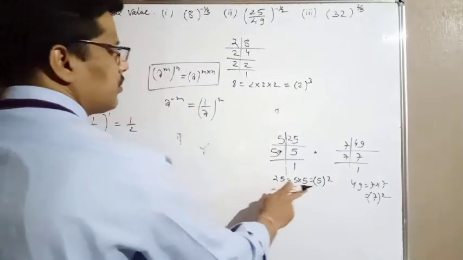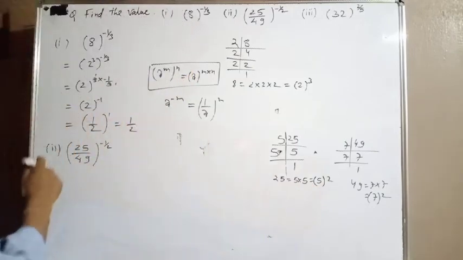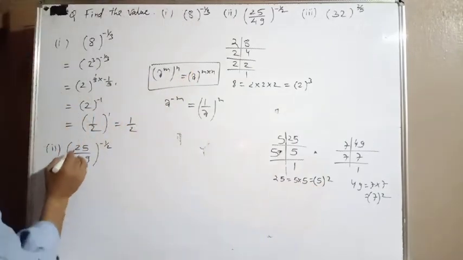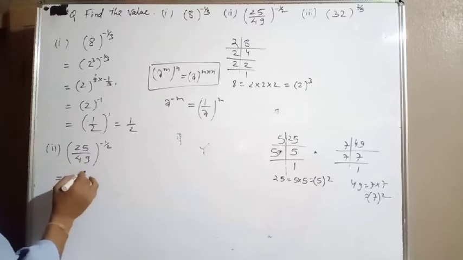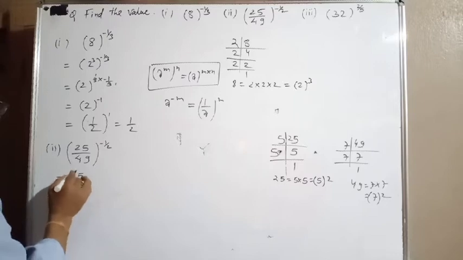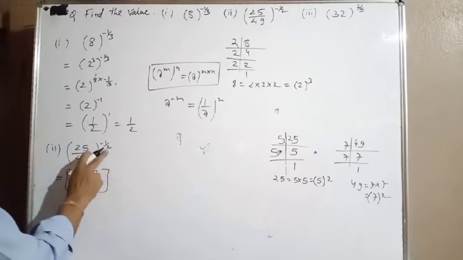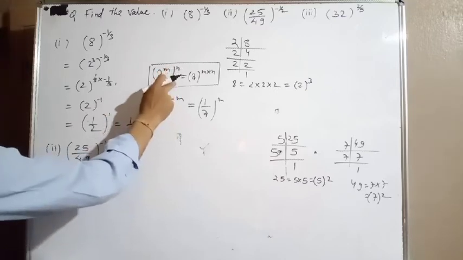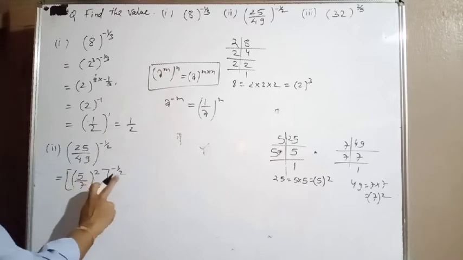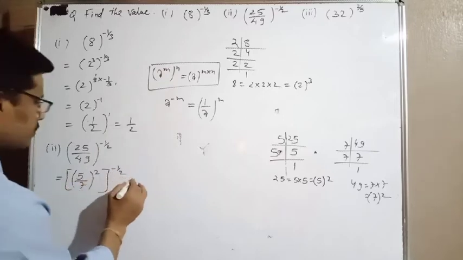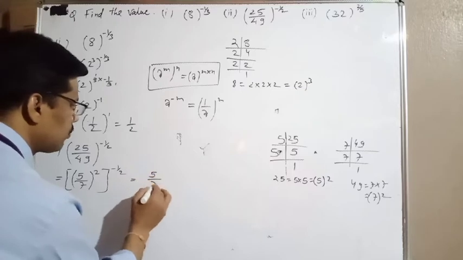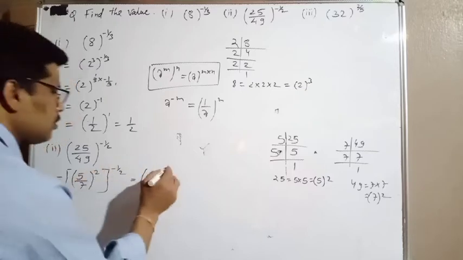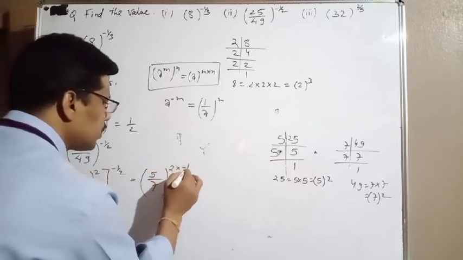What is the prime factor of 25? 5 power 2. So this can be written as 5 power 2 upon 7 power 2 in the bracket, and this power is minus 1 upon 2. Same formula: the power inside the bracket and outside the bracket will be multiplied. So we can write here 5 upon 7, power 2 into minus 1 upon 2.